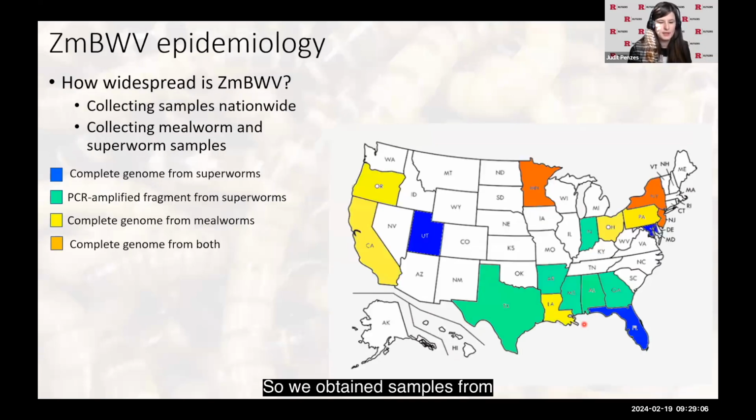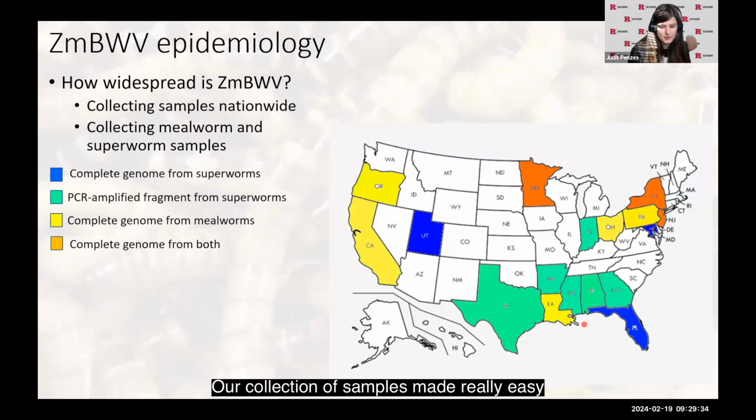So we obtained samples from all over the United States, where all mealworm pools tested positive, as well as all superworm pools, apart from two where the farmers did not observe any signs of the black wasting disease.